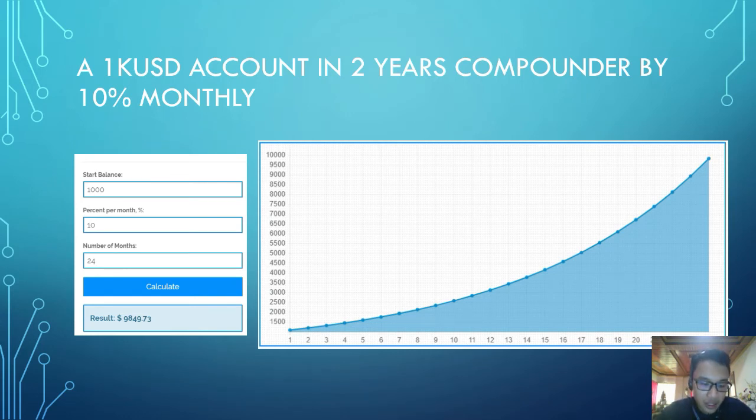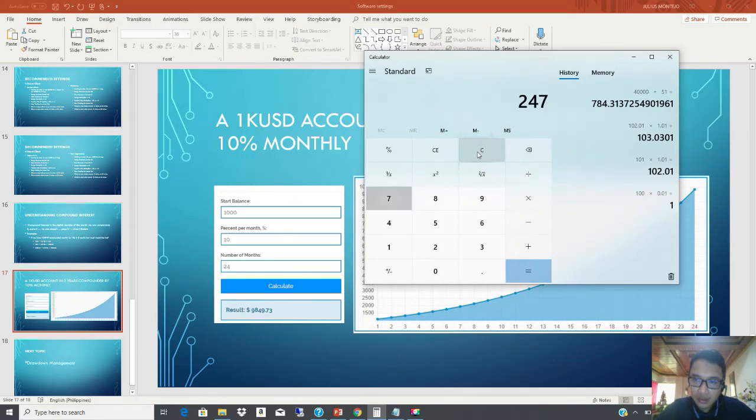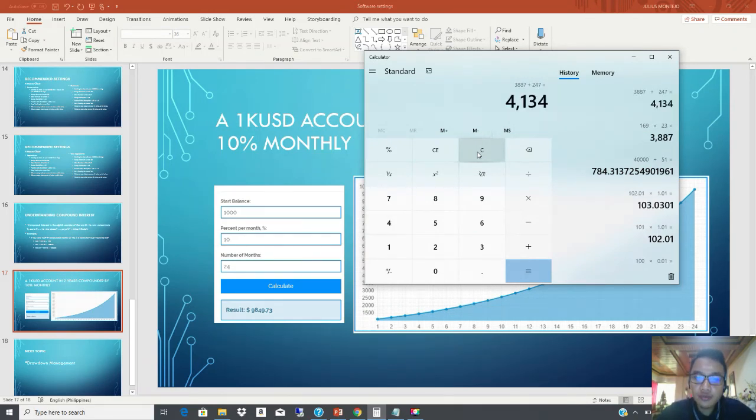But if you total the money that you spend on the robot rental, it is only 169 USD times 23 months plus 247, which is only 4,134 USD.